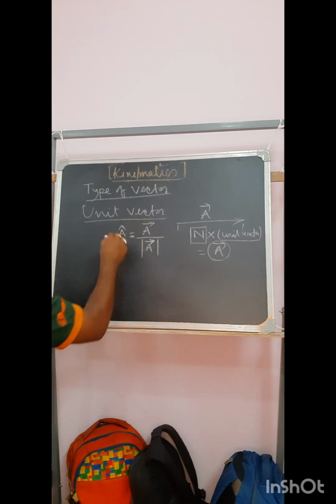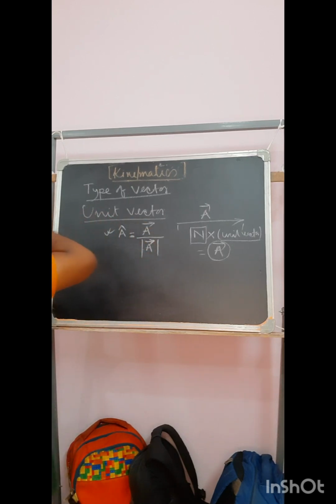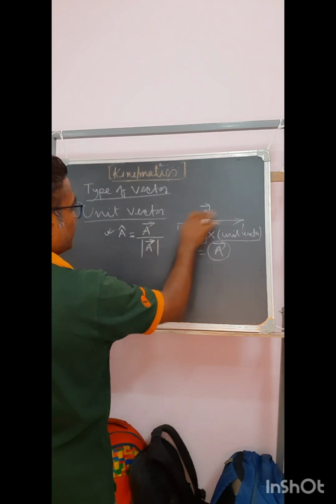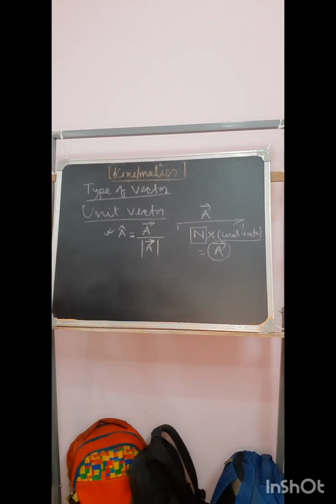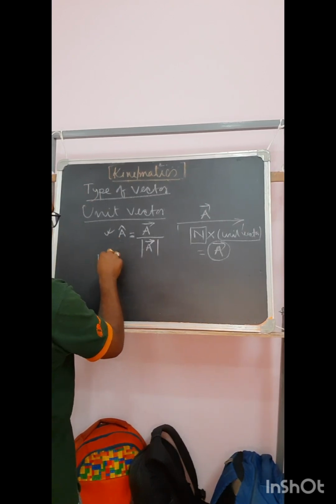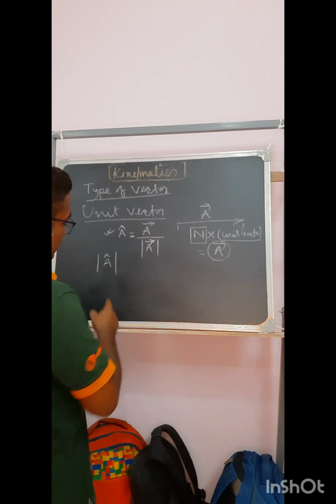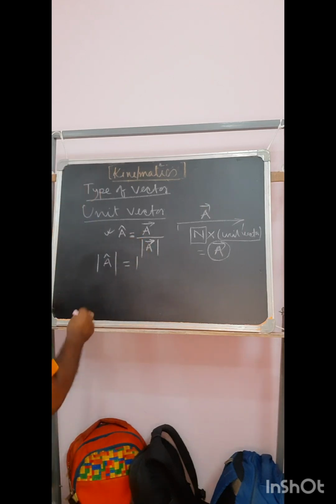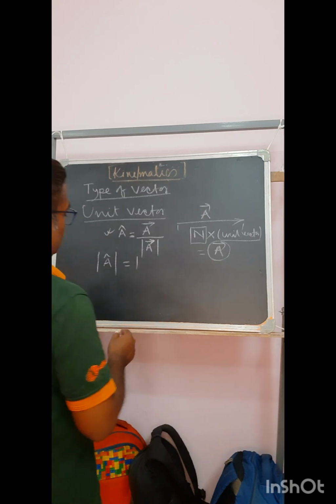Then I get a unit vector along the direction of a. So a cap is the unit vector along a. If I take the mod of a unit vector, it will always be 1.